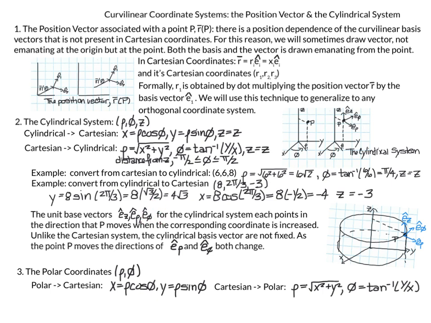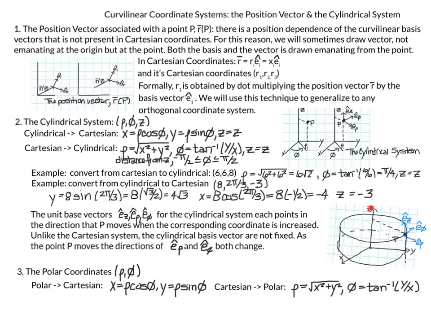Also for phi, so if this is your point here, and your phi goes from the x-axis over to this point, your basis vector then points in the direction of increasing phi. And you can also see here, we'll do some examples, that E phi will depend on where your point is.